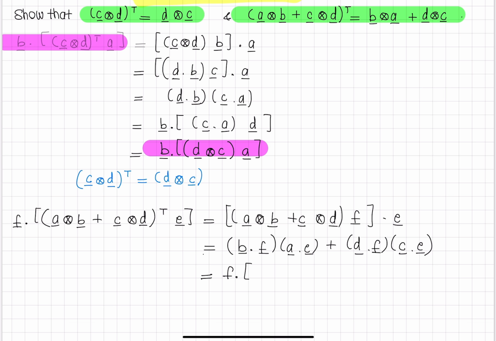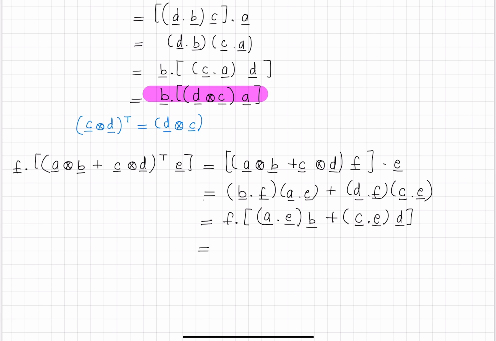Taking the dot f as a common factor, I'll get (a · e) along b plus (c · e) along d, which gives us f dotted with (b ⊗ a plus d ⊗ c) acting on e.